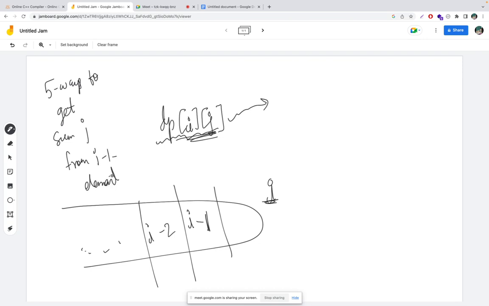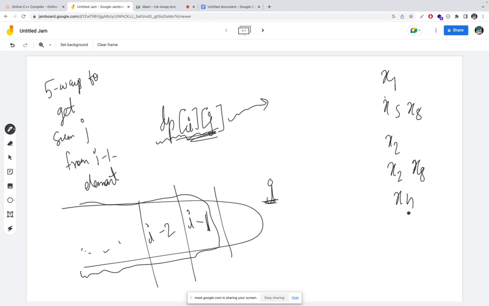How many ways were there to get the sum j from i minus one elements, Raj? So if those five ways were like this, one was x, x5, x8, one was x2, x2, x8, one was x4. Clear? These were the five ways.